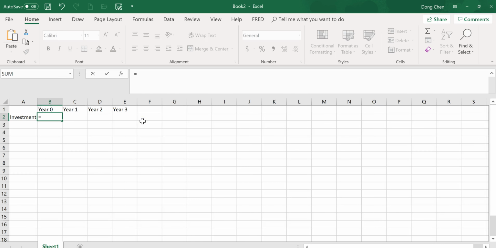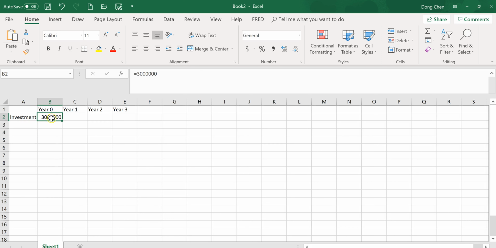So this is 3 million. As we said, we need to put this into dollars rather than million dollars. I choose to enter this as a positive number, even though this is a negative cash flow, because later on I want to use this number to calculate the annual depreciation.